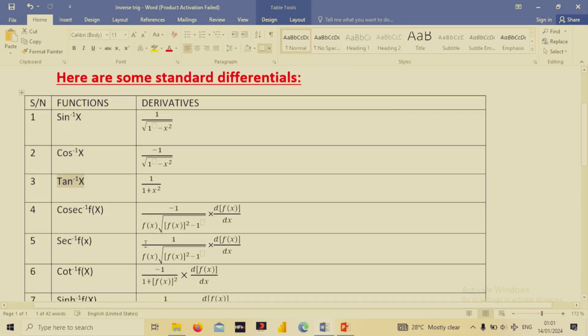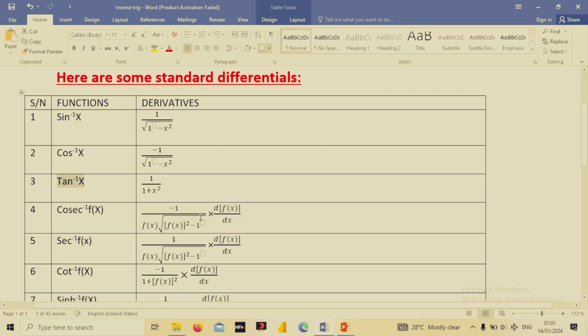Now, number 4, we are having cosec inverse of f of x. That's the question given to you. Cosec inverse of f of x is equal to minus 1 all over f of x times root of f of x squared minus 1 times the differentiation of f of x with respect to x, right?